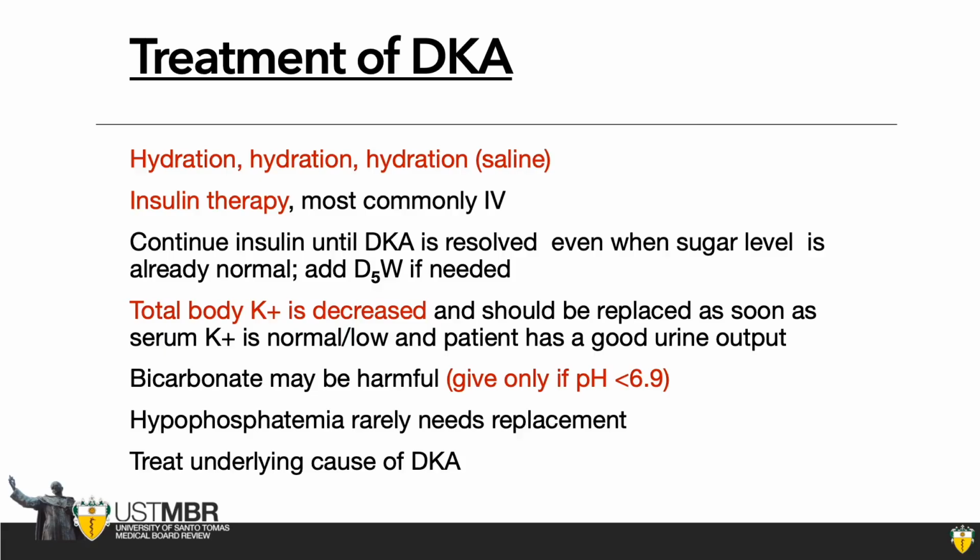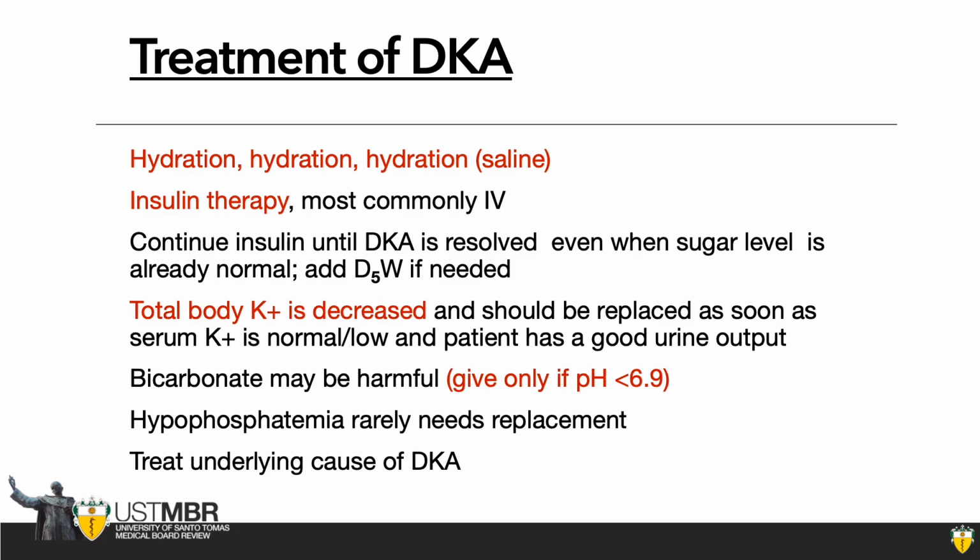Treatment, once identified, is hydration, hydration, hydration. Because of osmotic diuresis, these patients are generally dehydrated. So by expanding their intravascular volume, blood pressure improves, glucose in the blood gets diluted, so glucose level goes down a little bit.